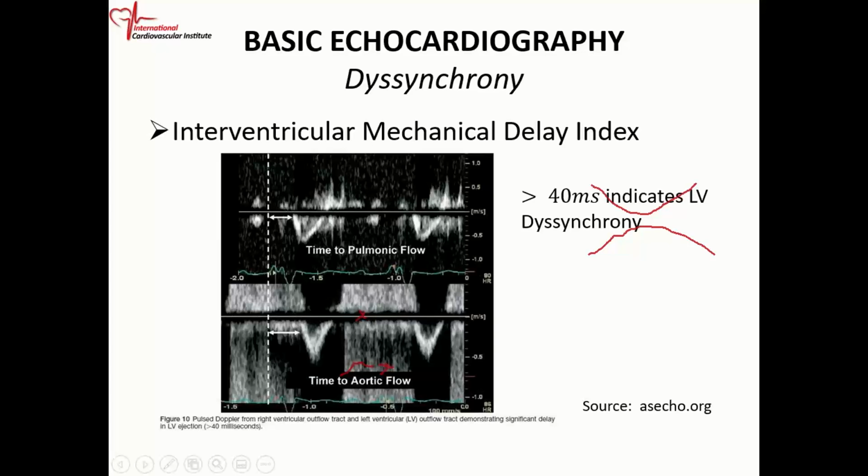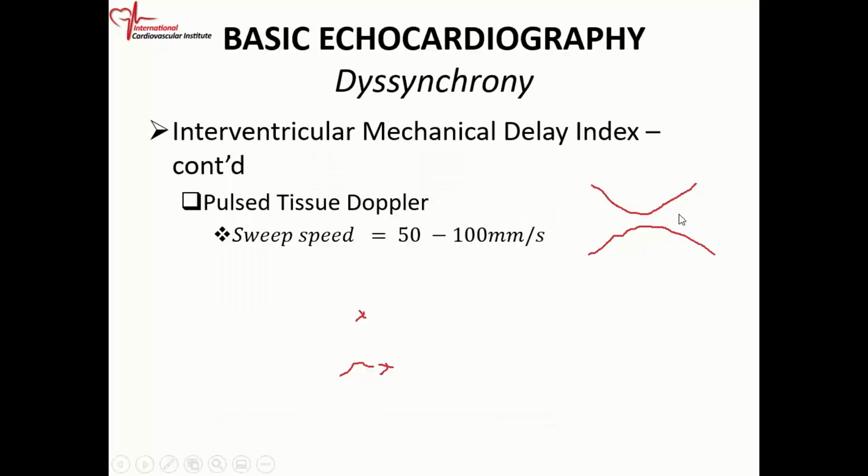And then you do the same thing for the left ventricular flow tract. You get your isovolumic contraction time, then the aortic valve opens, blood is ejected across the aorta. So the difference in these two times, if they're more than 40 milliseconds, it indicates LV dyssynchrony.